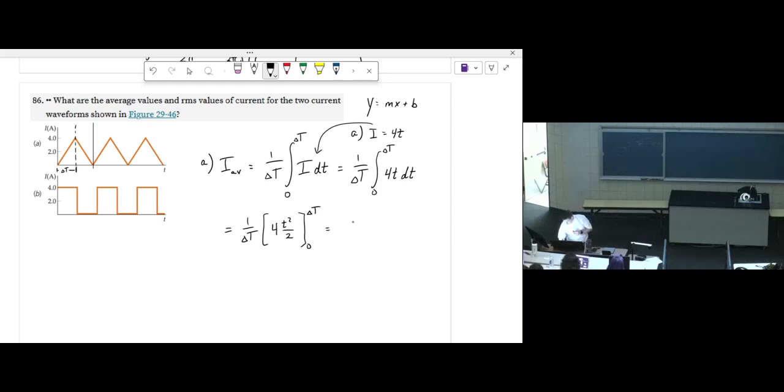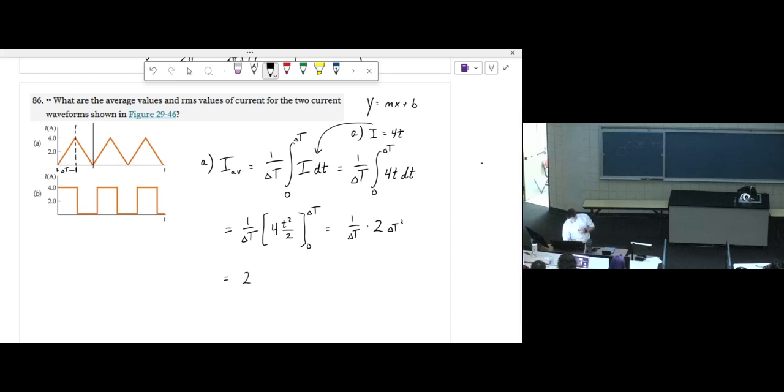Or that's 1 over delta t times 2 delta t squared over, no, we already divided by 2. So just that, or that's, did I forget something?